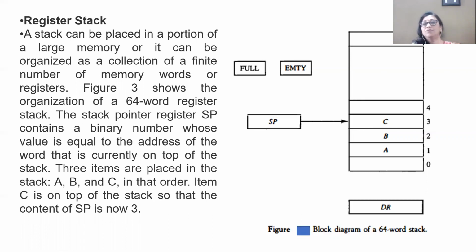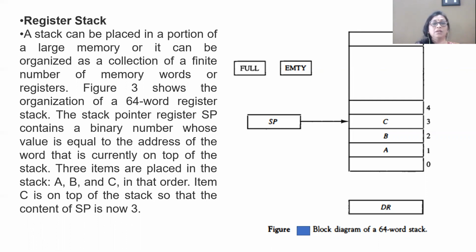Here you can observe what is called a register stack. A stack can be placed in a portion of large memory or it can be organized as a collection of a finite number of memory words or registers. Here the stack which is implemented by a collection of registers is shown.